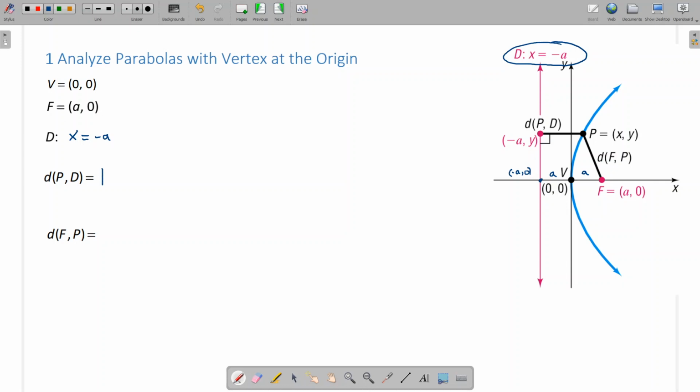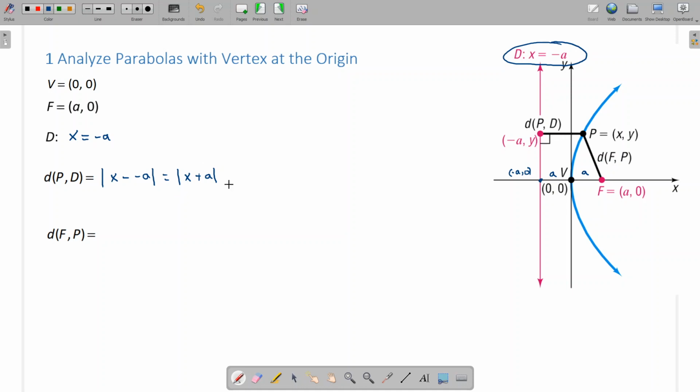So we could write that distance down as the absolute value of x minus negative a. Right, we're just taking the difference in their x-coordinates. So that could be simplified down to the absolute value of x plus a. So that will represent the length of this segment.